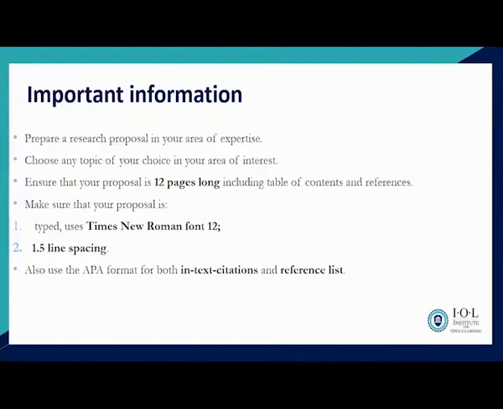Make sure that your proposal is typed and you use Times New Roman for the font, and font size 12. Also pay attention to the line spacing of your document. It should be 1.5. And also make use of the APA format for both in-text citations as well as the reference list.